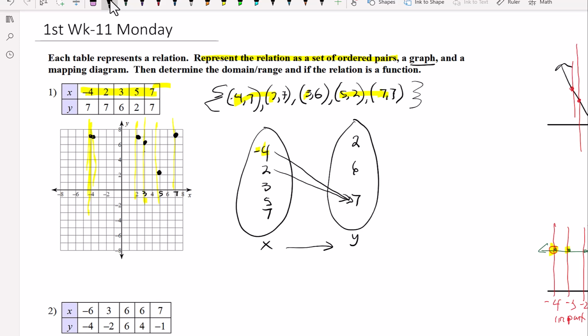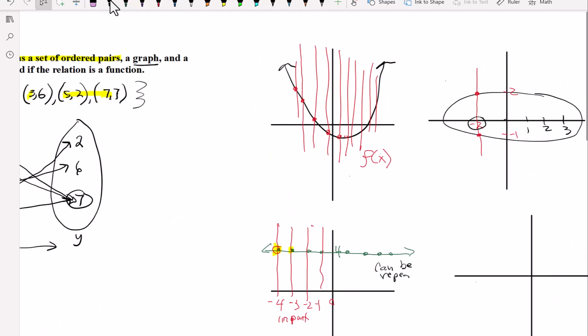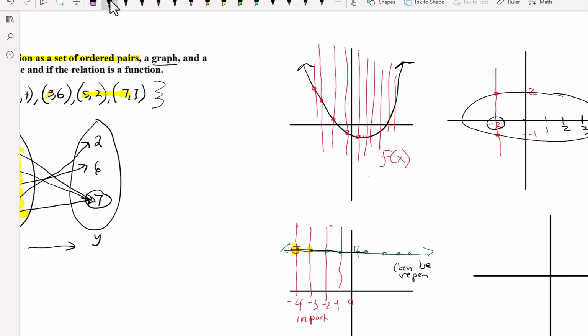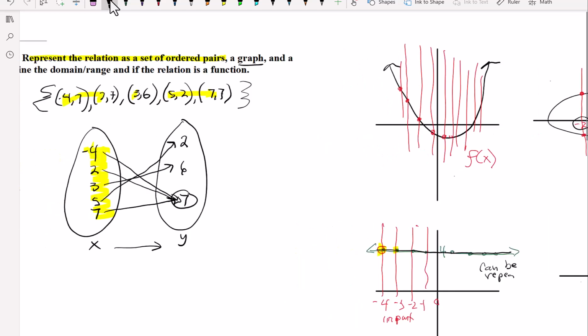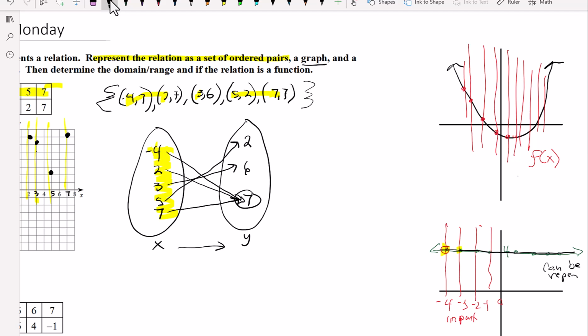At 3, we have a height of 6. At 5, we have a height of 2. Notice each one of those x values only has one arrow. There are several arrows pointing at the 7, but it doesn't matter. Just like the horizontal line, all of the y values can be the same number, but you can't have two arrows going from one x value in a mapping.